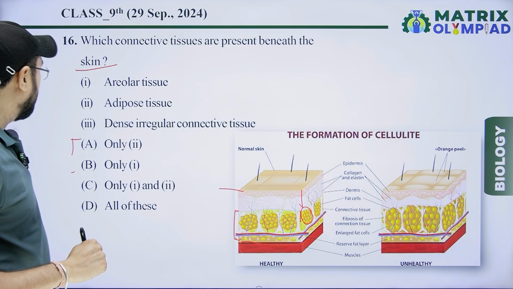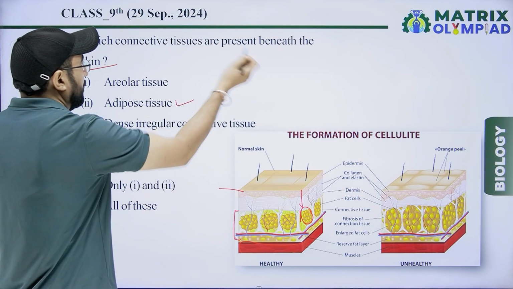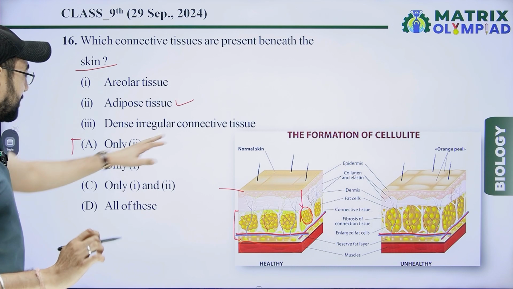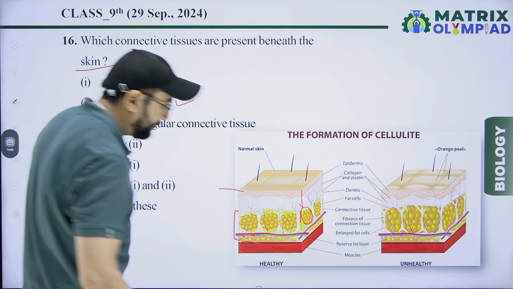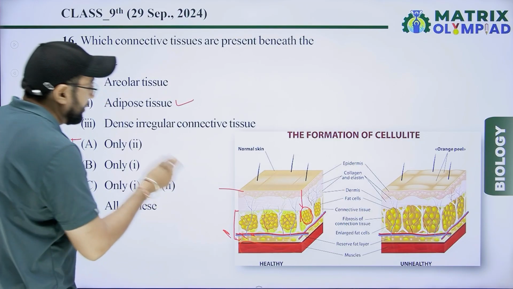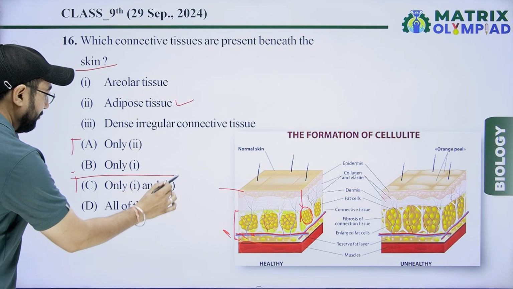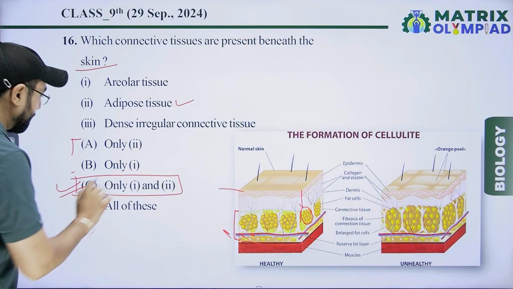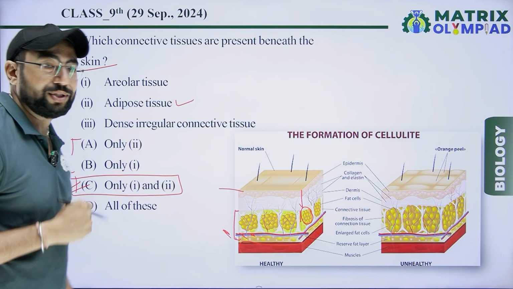According to the question, adipose tissue is present beneath the skin, and dense irregular tissue is present beneath the skin. So our right answer is first and second, option C.